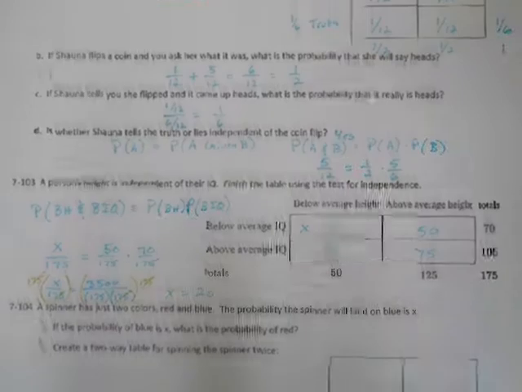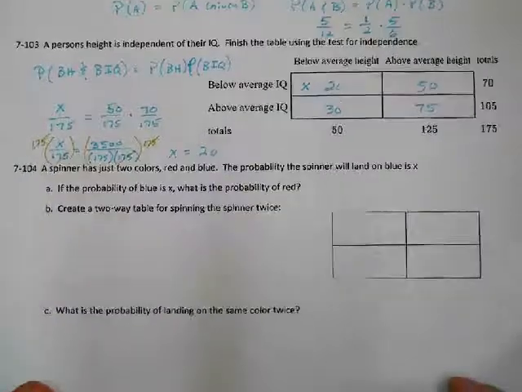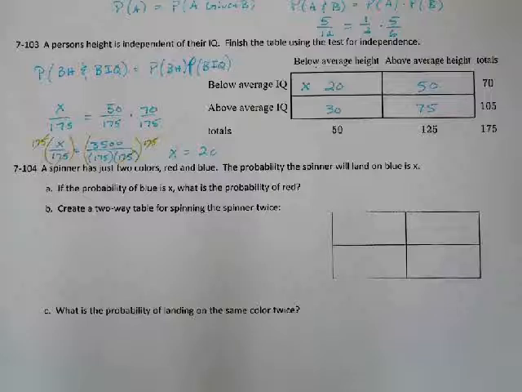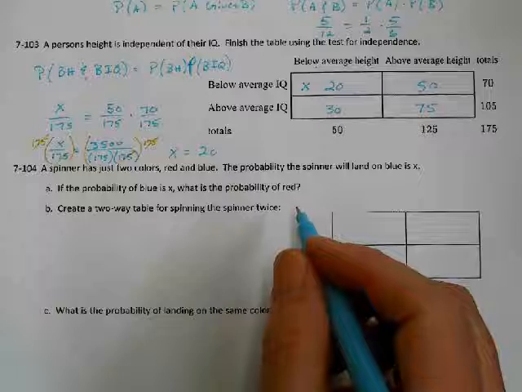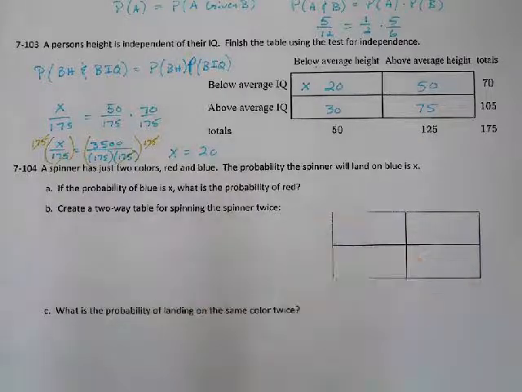All right, last problem. We're almost there. A spinner has just two colors, red and blue. The probability the spinner will land on blue is X. If the probability of blue is X, what's the probability of red? So blue is X. What is red going to be called? Well, we know that the two probabilities, blue or red, have to add up to 100%.